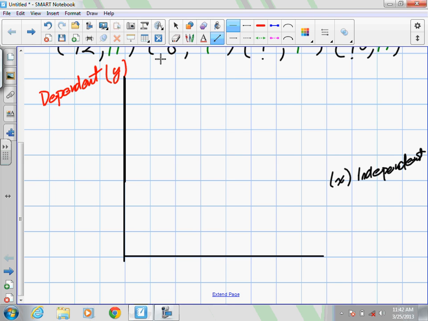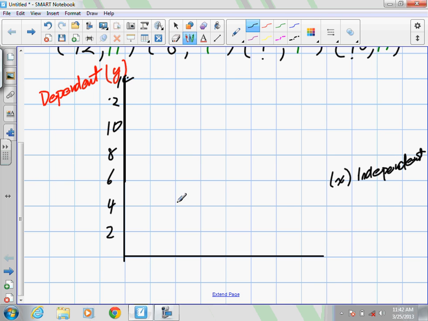Yeah, that's about good. So our dependent, our y, will go up by 2, and we're going to do the exact same thing on our x-axis here. We have 2, 4, 6, 8, 10, 12, 14, and 16.